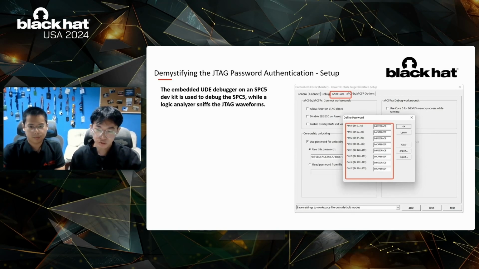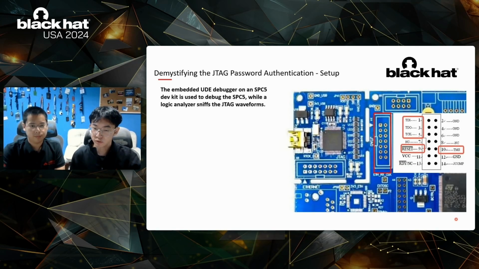Subsequently, the UDE debugging hardware will use the 256-bit password to authenticate over JTAG. The MCU then compares it with the password in the OTP memory. If they match, debugging access will be given. Otherwise, connection failure.